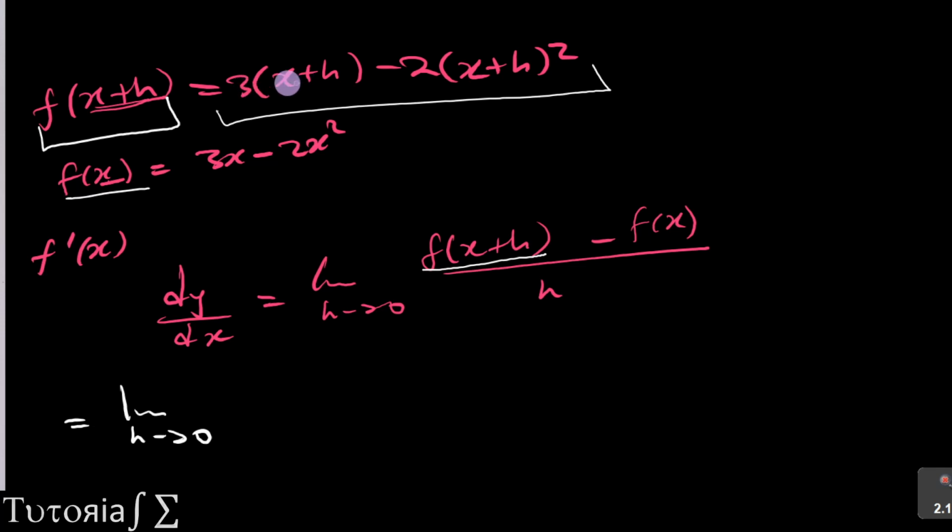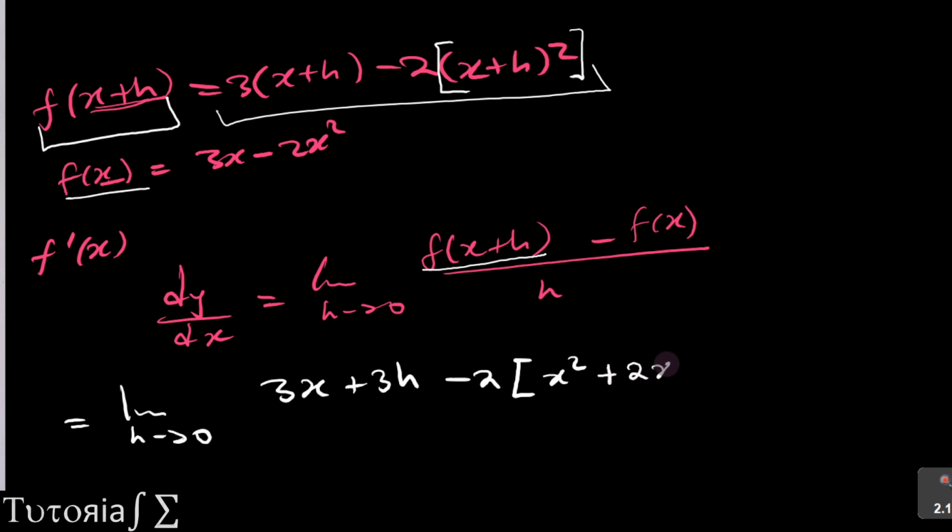We can expand this part, so 3 times that will be 3x plus 3h. Then this one we have negative 2 times, we can expand this part, which will be x squared plus 2xh plus h squared. So that is done with the first part.